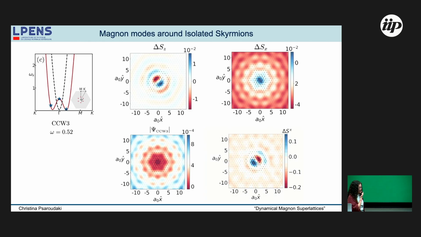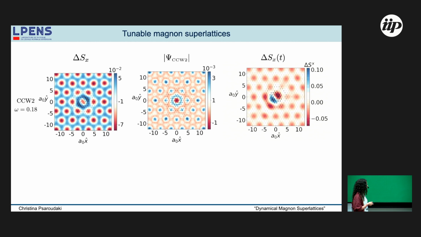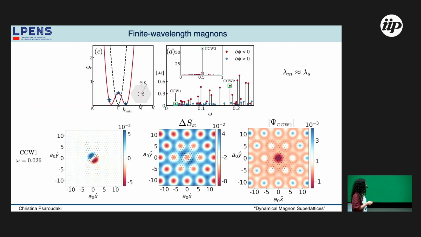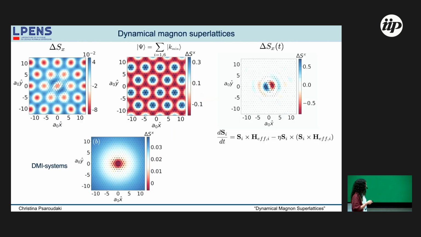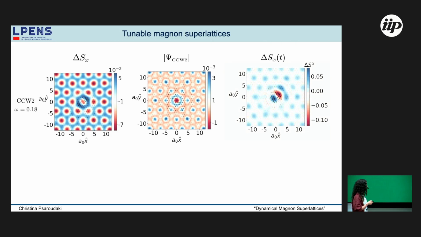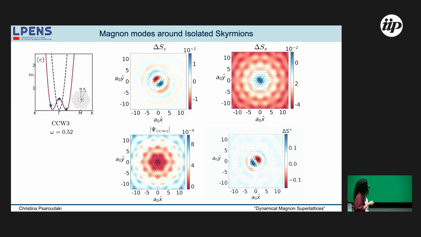So the properties of this superlattice can be modified by just choosing a different frequency. Of course, we would need to do a statistical analysis of all these modes, and that's what we also plan to do, because we have plenty of them that exist at different frequencies, but we were focusing on the low-lying ones for a start.